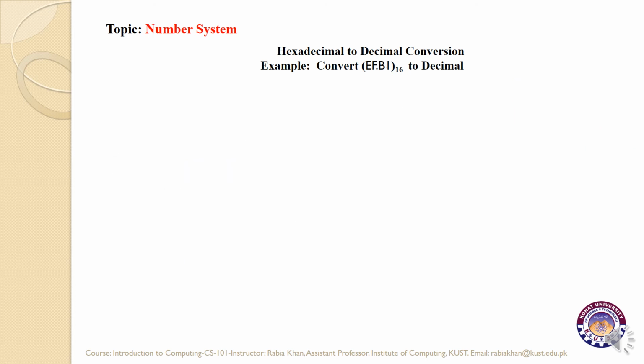Let's see another example. We are given a hexadecimal number containing both the integer and fractional part, EF.B1. Now E is equal to number 14 and F is equal to number 15, while B is equal to number 11.